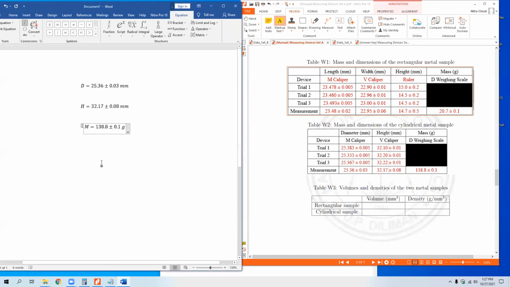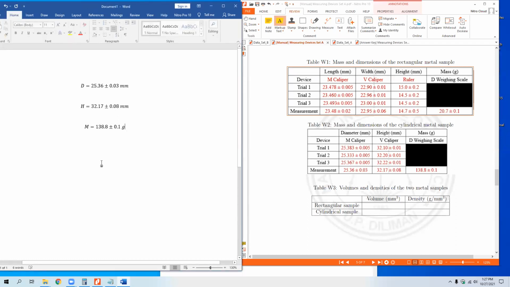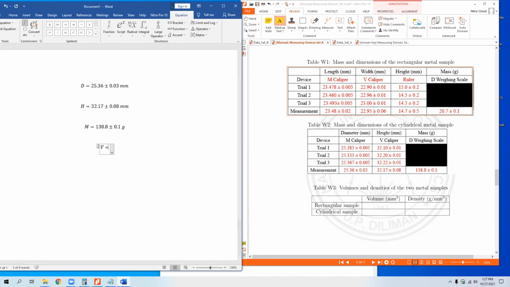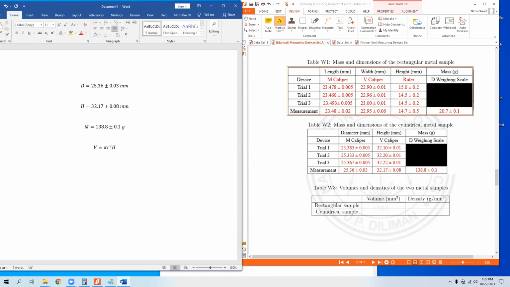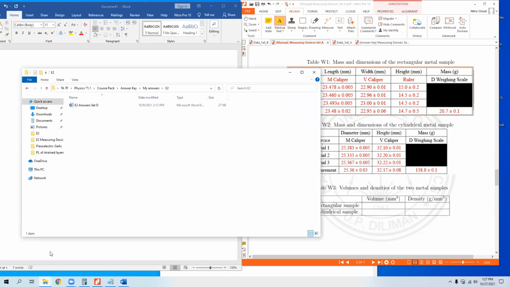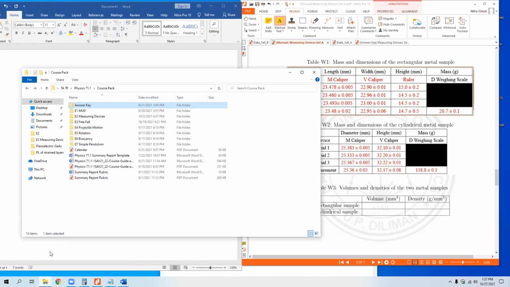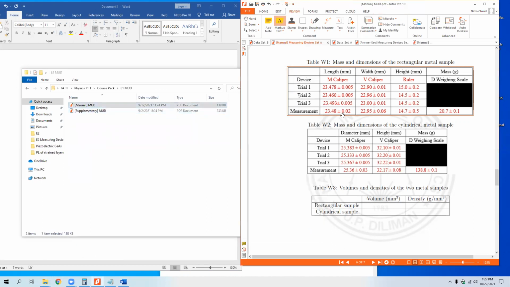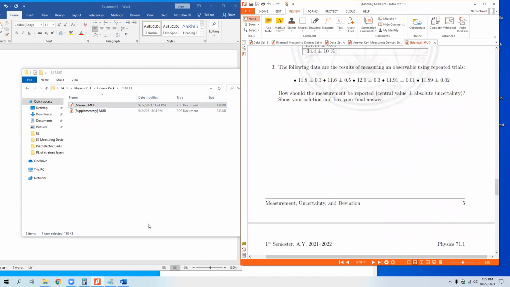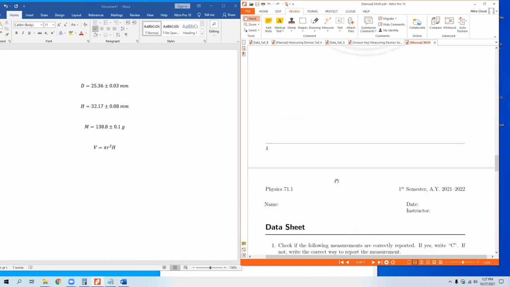Okay, so again, to determine the volume, let's first recall that the volume of a cylinder is pi r squared h. The radius is simply half the diameter. So we have a diameter and we want to divide it by 2 to get our radius. So let's recall how to do this.